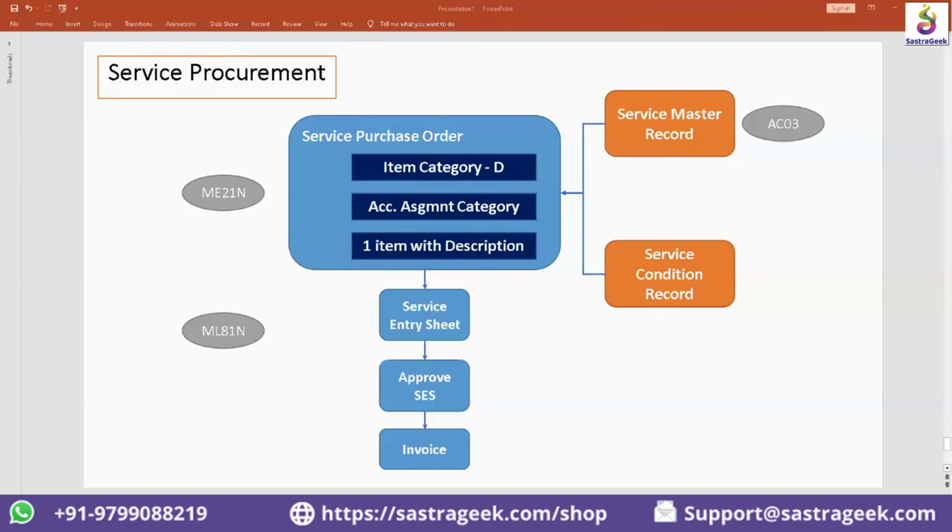Can you repeat the question once? I was saying, forget about service procurement for the time being. I said in service procurement it is mandatory, but till now whatever processes we have learned, what are all those processes where we used the account assignment category in the purchase order, and what is the purpose of using account assignment category?